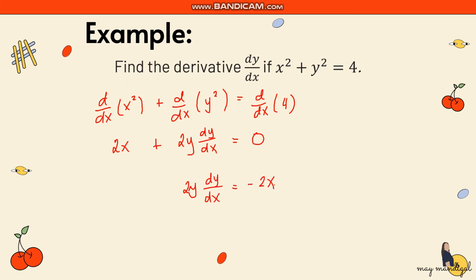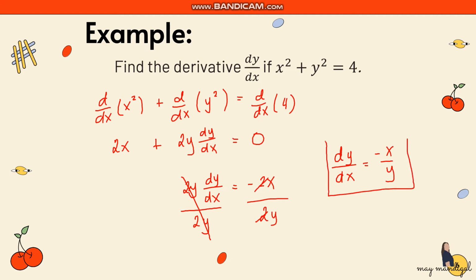Next, since what we want is just this dy over dx, you can divide both sides of the equation by 2y so that we can cancel this one out, and we will be left with the dy over dx on the other side. And then here you just have to simplify this, so you can cancel out 2. So you will be left with negative x over y, and that's it. That is now the derivative of our function.